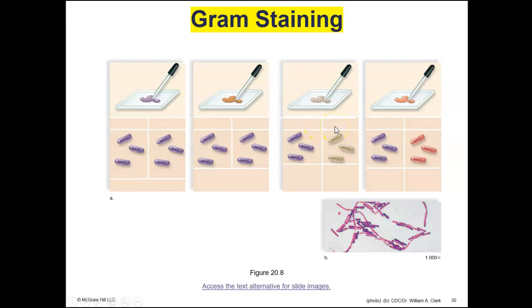When you decolorize by adding alcohol to the slide, the gram negative bacteria will lose the stain and the gram positive bacteria will keep it. So you have to add a red stain called safranin, and that red stain will be absorbed by the gram negative bacteria. And what this slide will look like under the microscope is the gram positive bacteria will appear purple and the gram negative will appear pink.